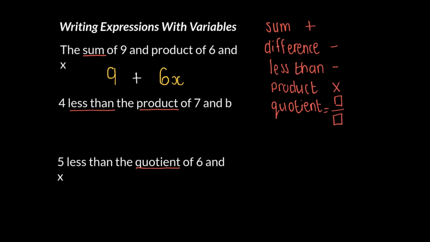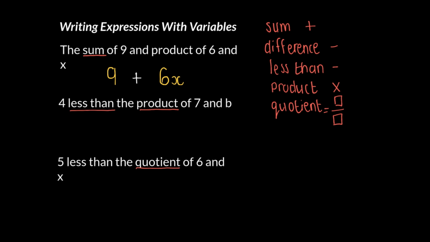Okay, now when we look at the next one, this one is a little bit more tricky, and we need to be very careful about the way we write it, because how we say it is very important and how we write it is very important. So when they say 4 less than the product of 7 and b, in this case, what we're actually going to do is take the product of 7 and b and minus 4 from it, because it's 4 less than.